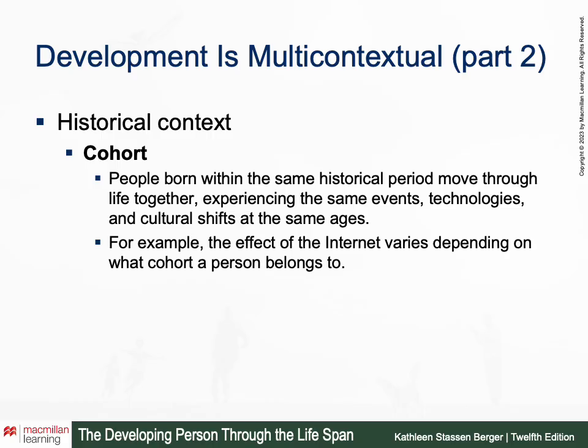As our generations are labeled, right? Gen Z, Gen X, boomers, those kind of things. Those are different cohorts. And we all are experiencing some of those same contextual events at the same time. And then that impacts the span of development.